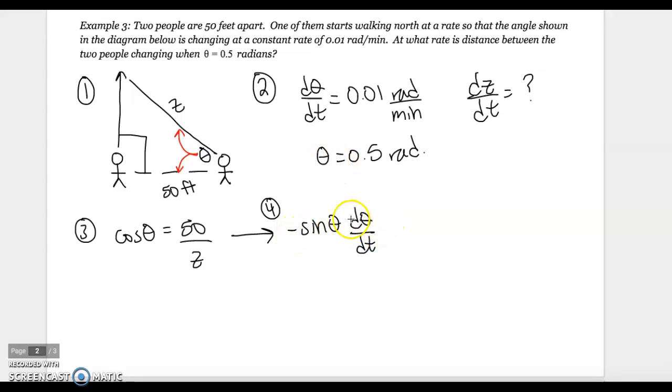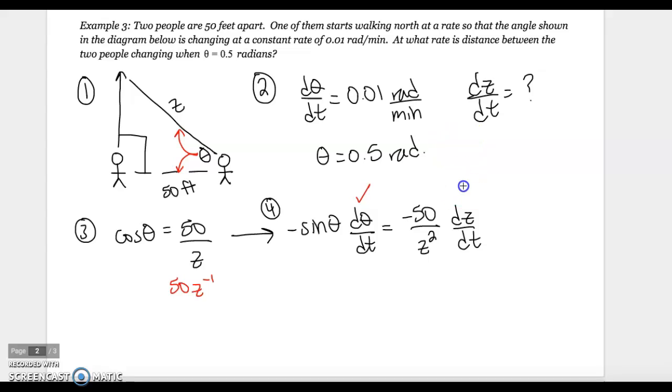So negative sine of theta, d theta dt, and then we'll get on this side, another way to write this is secretly 50 z to the negative 1. So if I took the derivative of that, I would get negative 50 over z squared, and then tacking on that dz dt.